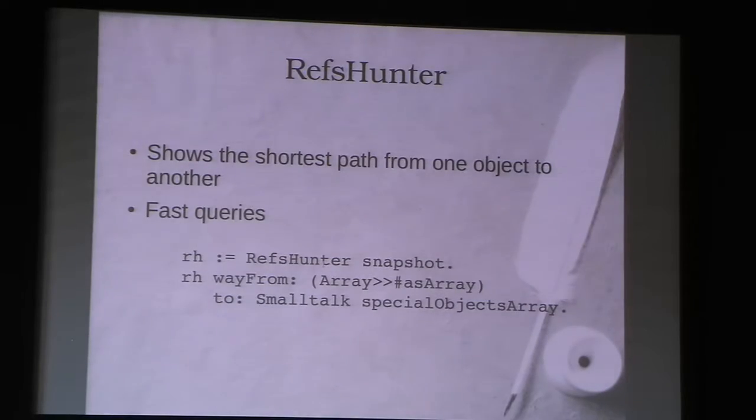Yes, a root object of your image. But you can also use it to investigate between two separate objects. It doesn't matter what you choose. And such queries will be very fast. And you can repeat them, so you do not need to traverse everything again and again.